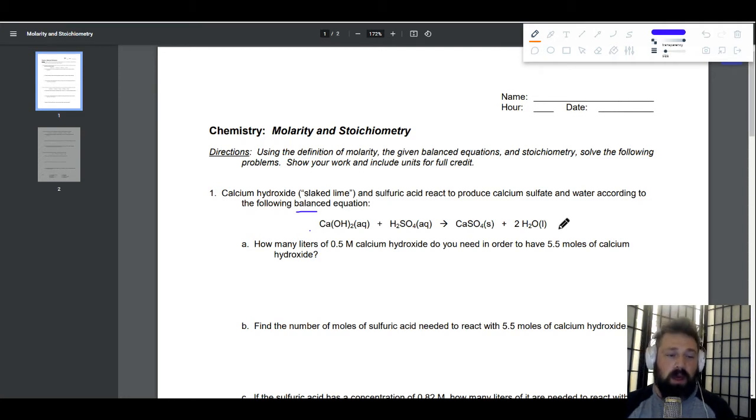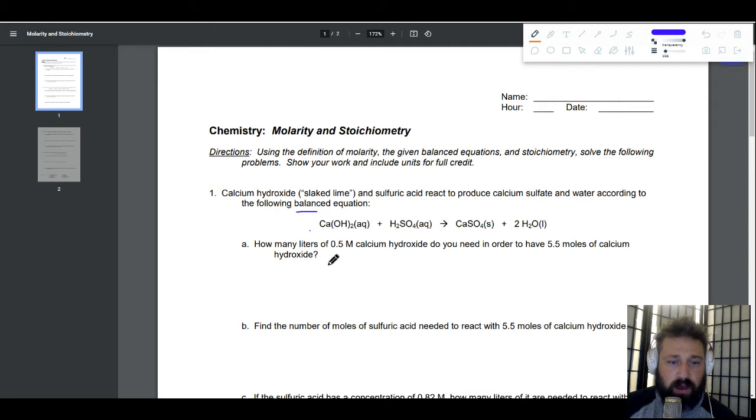The question is, how many liters of 0.5 molar calcium hydroxide do we need in order to have 5.5 moles of calcium hydroxide? So this is just a straight molarity problem.